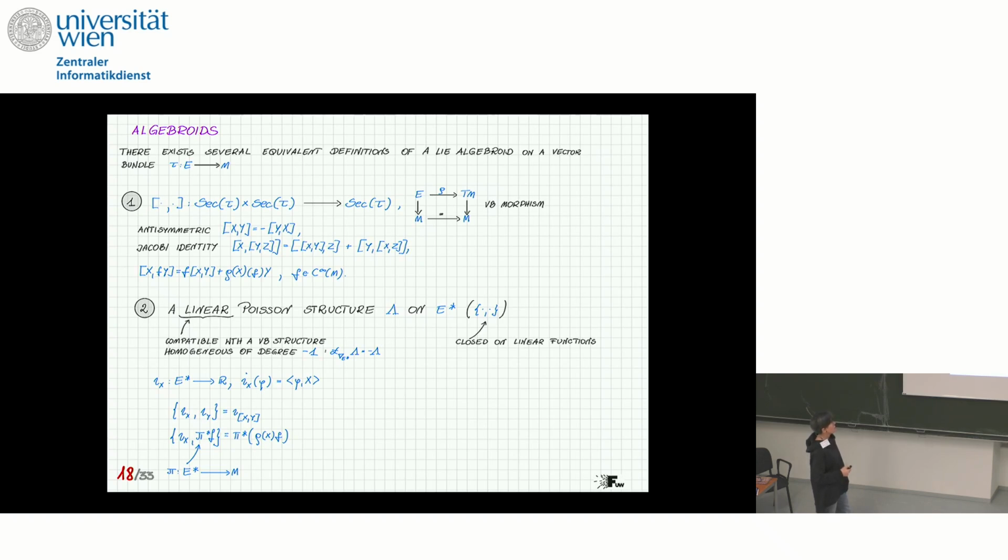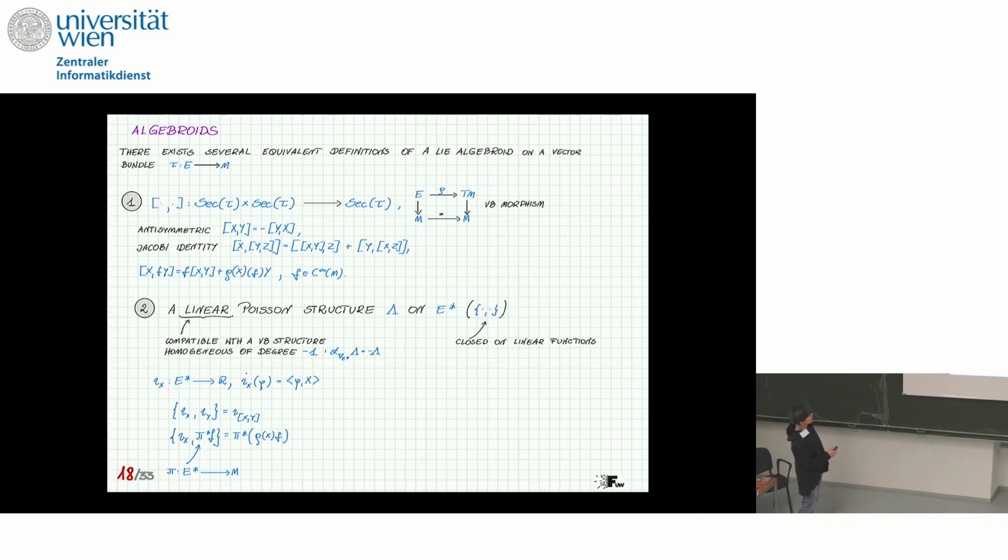It means the Poisson structure is linear if it is homogeneous of degree -1. Homogeneous of degree -1 means that if I take the Lie derivative along the Euler vector field, I get minus the initial bivector. So this is the second definition.